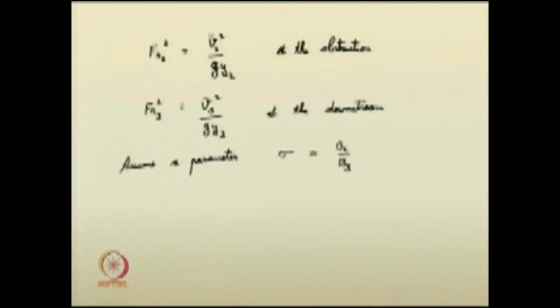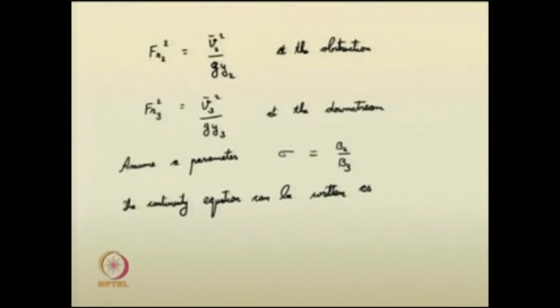Using this parameter, the continuity equation can be written as Fr2 squared sigma squared y2 cube equal to Fr3 squared y3 cube. Just give it as equation number 2.